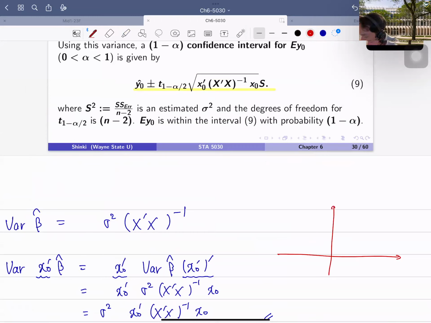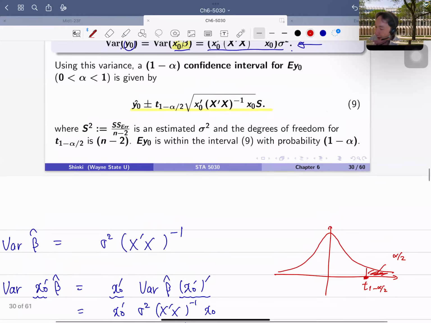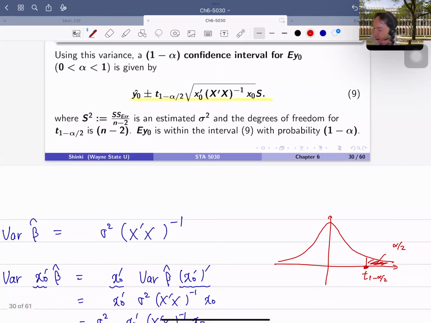Basically, if we have the T distribution PDF, and this area is alpha over 2, this point is t sub 1 minus alpha over 2. So using this quantile point, we can give the confidence interval for the expectation of y naught.